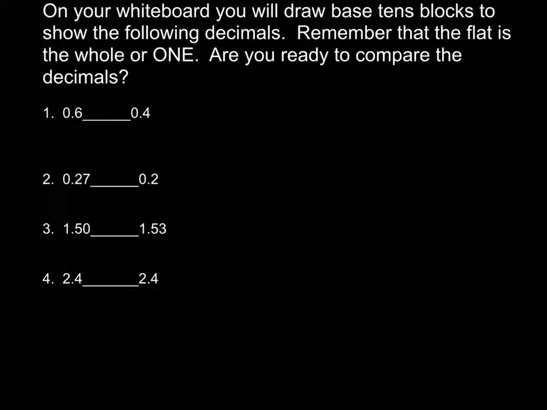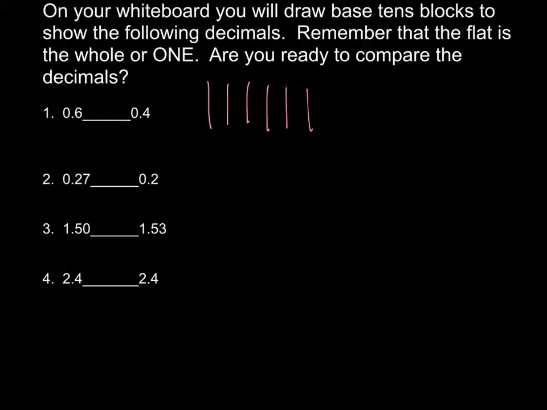It is now time to go over the 4 problems. Problem number 1 says 0.6 compared to 0.4. 0.6 says 0 and 6 tenths. So I am going to draw 6 longs to show 6 tenths. 0.4 says 4 tenths.